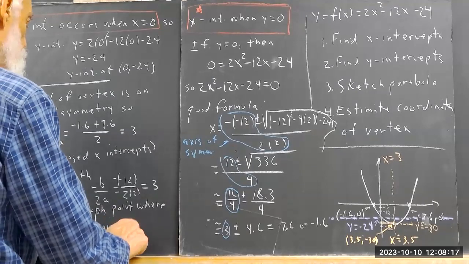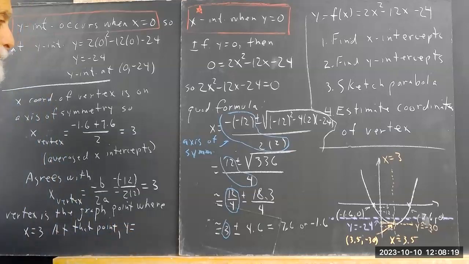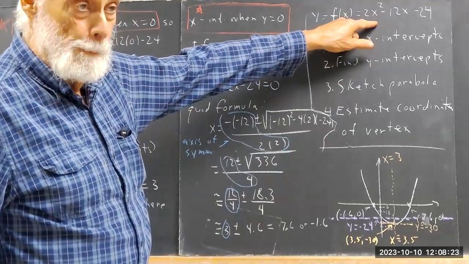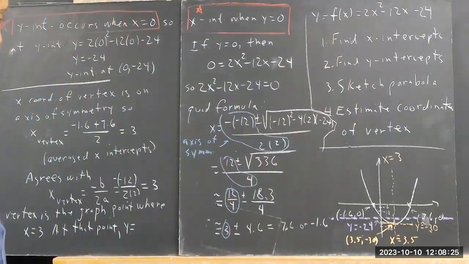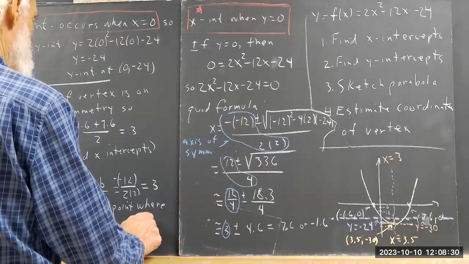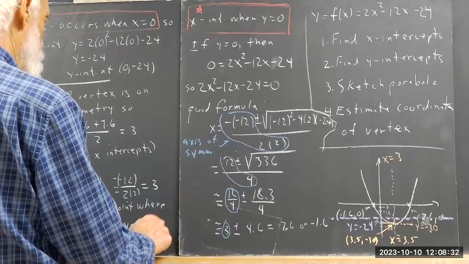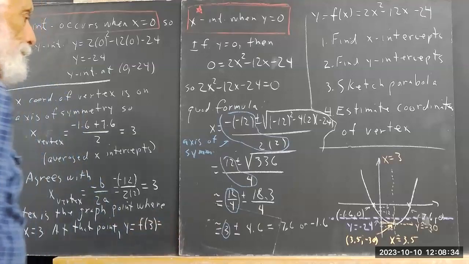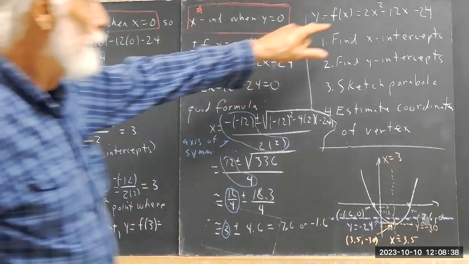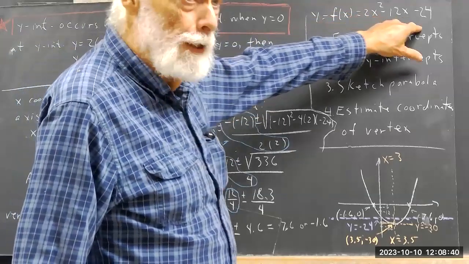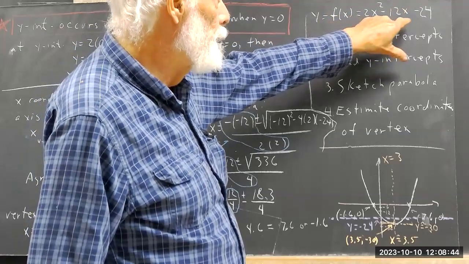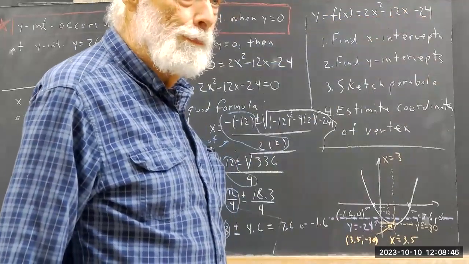At that point, what does y equal? Well, y equals what you get when you plug in 3. I don't have room to write the whole expression, so I'm just going to write y equals f of 3. Because f of 3 means plug in 3 for x, we're going to get 18 here and -36 and -24.